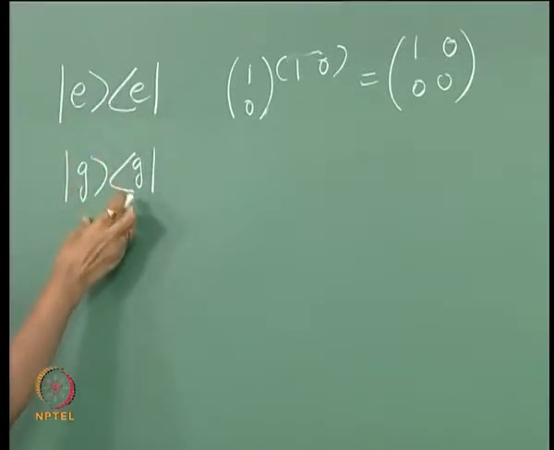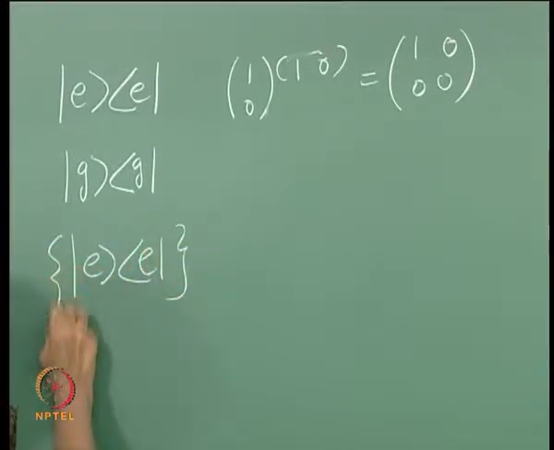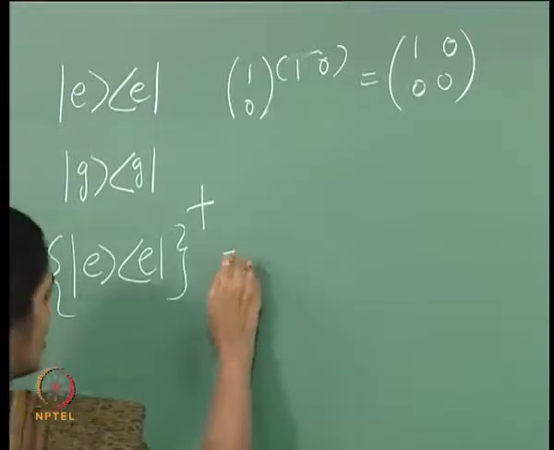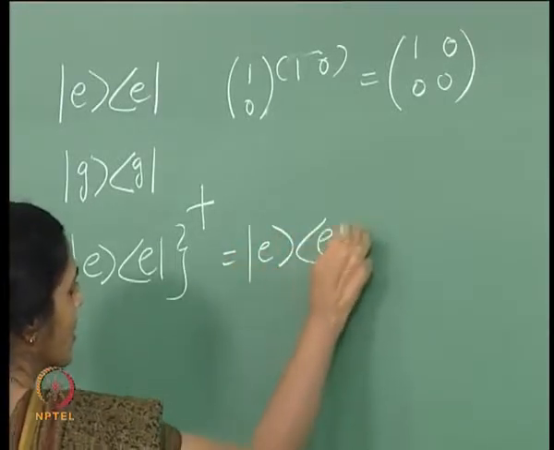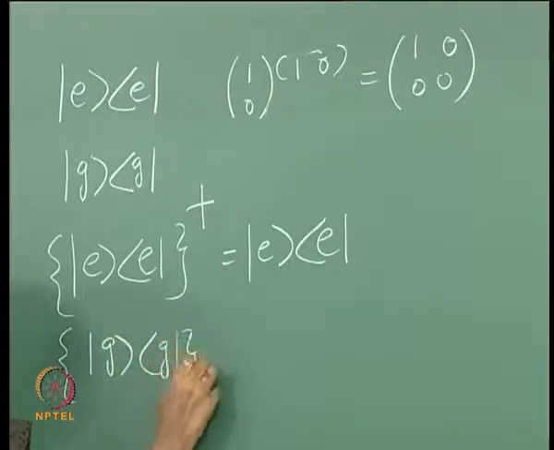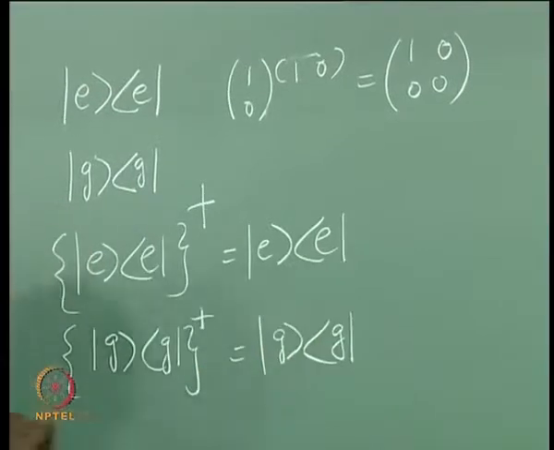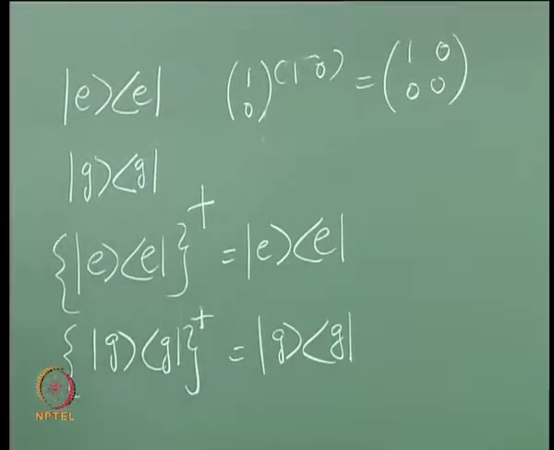It is evident that these two are Hermitian operators, because when I take the dagger, that means interchange the rows and the columns and take the complex conjugate of all the entries, that simply gives me the same operator. Similarly, this is another Hermitian operator. Of course, I can have combinations of these operators.